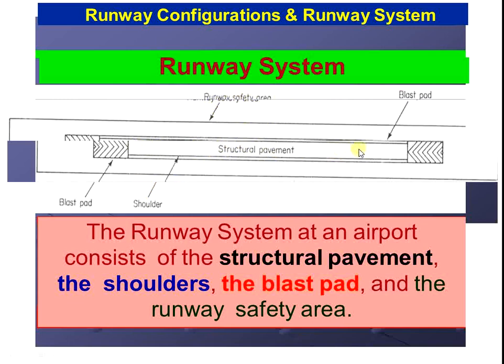This is the main structural pavement, the main runway. With the help of the surface of the structural pavement, the aircraft will be landing or taking off. This is the blast pad, the end section of the runway. The shoulder supports the structural pavement, and this is the runway safety area.